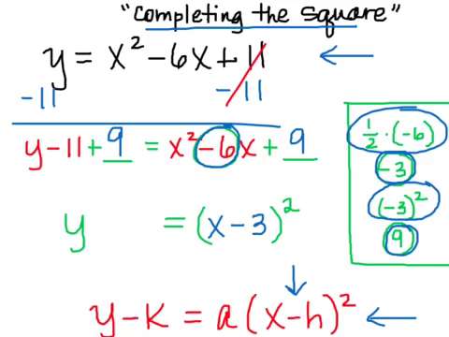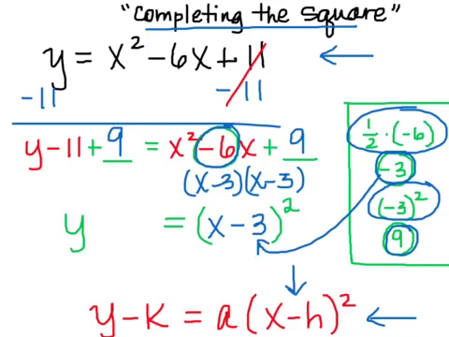So just kind of review that and get used to that idea. The reason this works is because if you factored this, you would get x minus 3, and therefore it's 2 of the same, and that's x minus 3 squared. So just remember, the shortcut is that it will always go there, and this will always go there and balanced out on the other side as well.